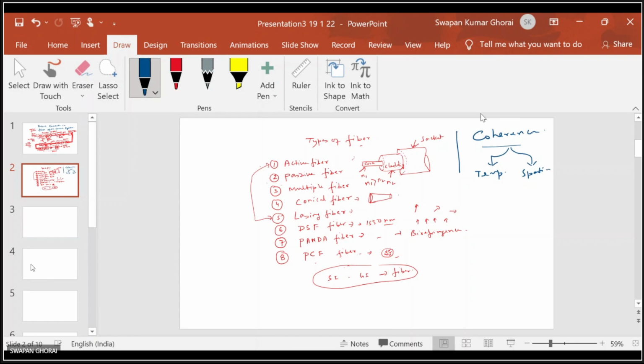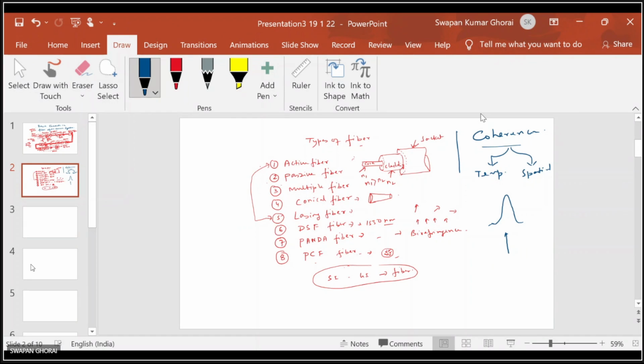What is this? If you have a source, suppose you say red light. That means only one wavelength, red wavelength, will be there, but actually it is not a single wavelength. It has some spread. If it is ideally red, then it will be a delta function, but it's not a delta function.